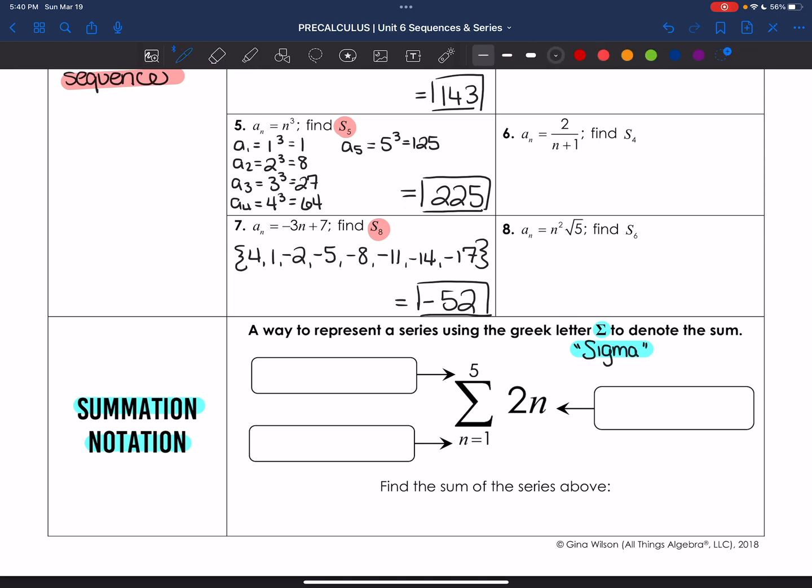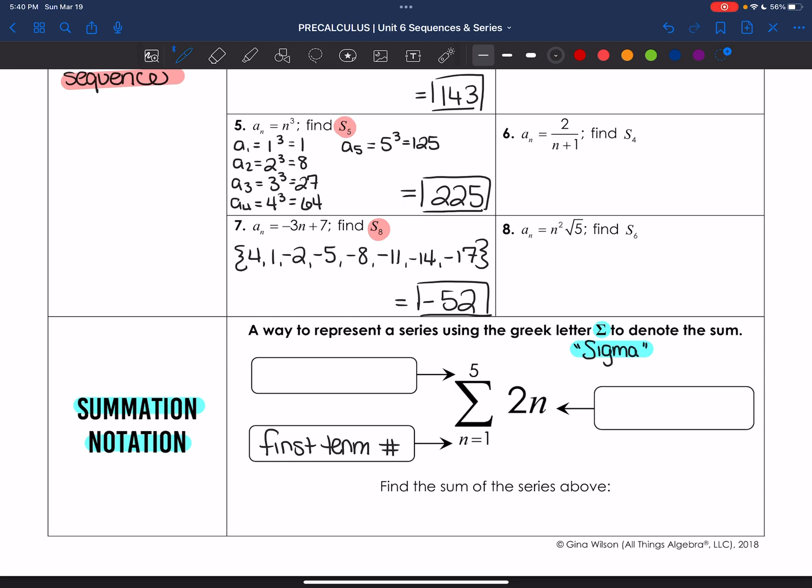And it's got all these little parts to it, so let me explain. Down here underneath our sigma, that represents the first term number. So we're going to begin this at 1, where our first value for n is 1.